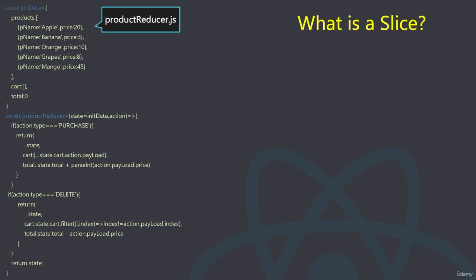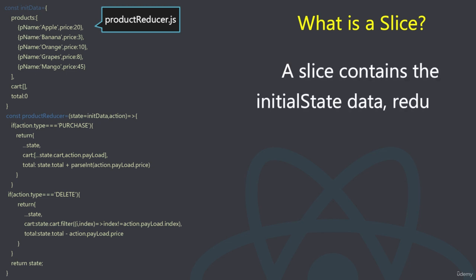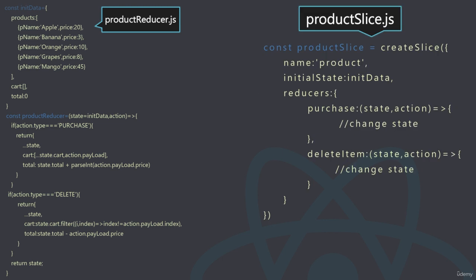So what is a slice? Basically, a slice contains the state, the initial state data, that is. Also, it contains all the reducers, all the functions, the actions which we have defined as reducers inside it. So more or less, the slice will look something like this, where we have the name of the slice, we have the initial state where we define whatever data we want, which we initialize.